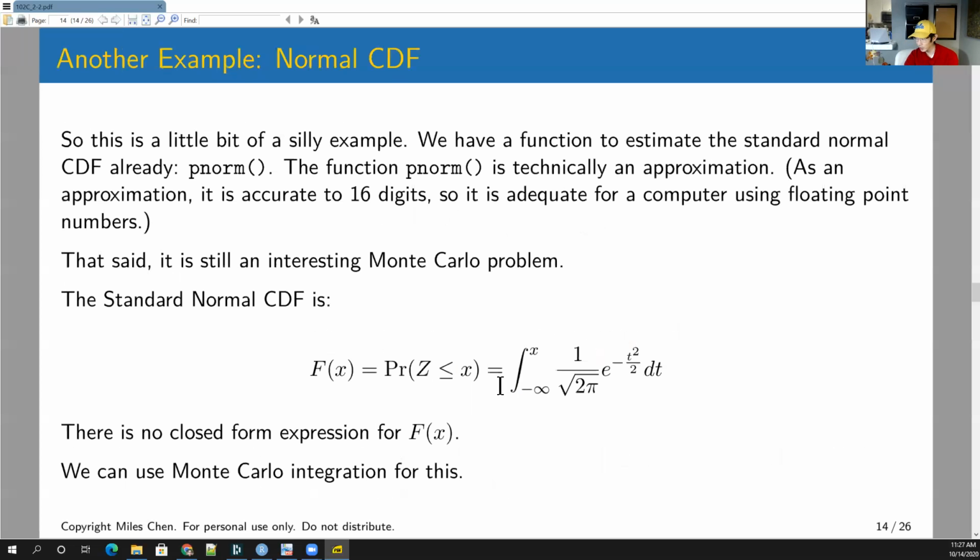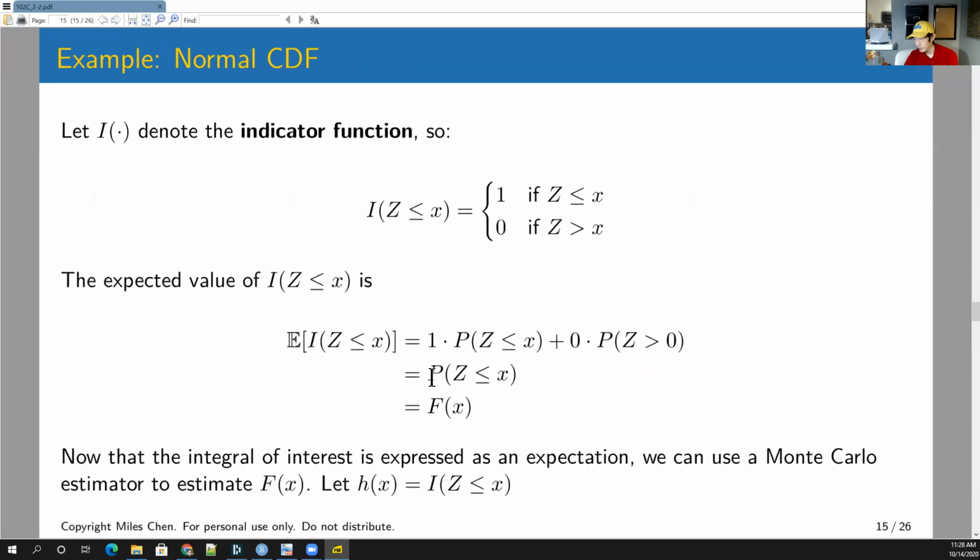And well, what is that? The probability that z is less than or equal to x is exactly the definition of the normal cumulative distribution function. So we can take the normal cumulative distribution function and express it as an expectation.